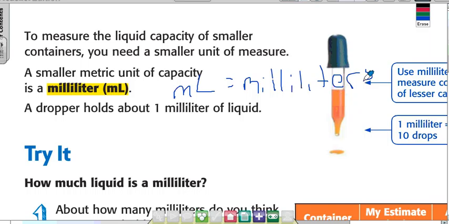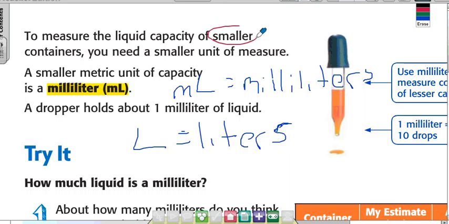If it's just a capital L, that's liters. So milliliters is for a small container, and a liter is for a large container.